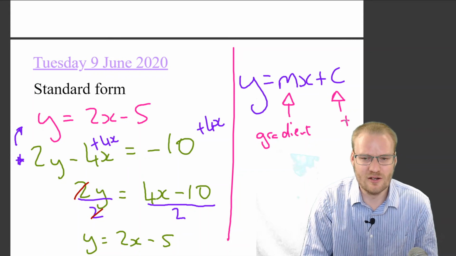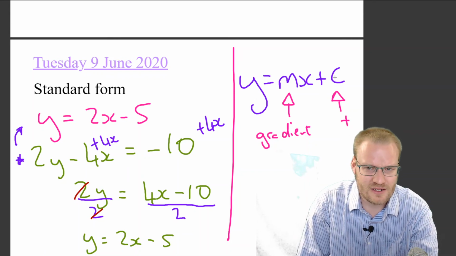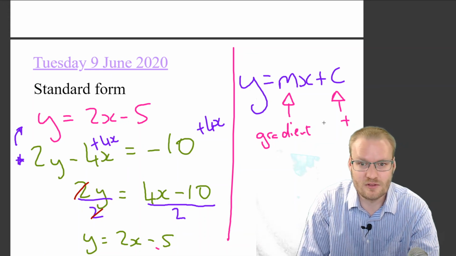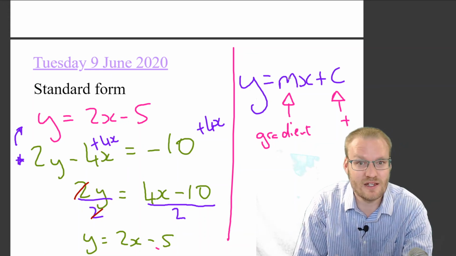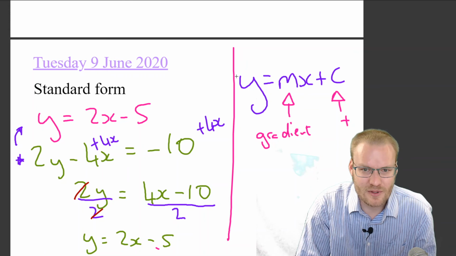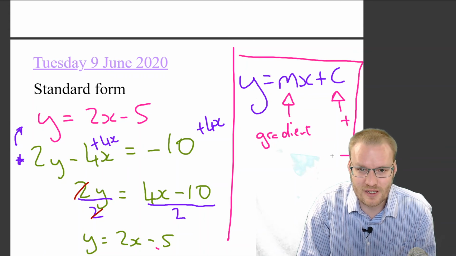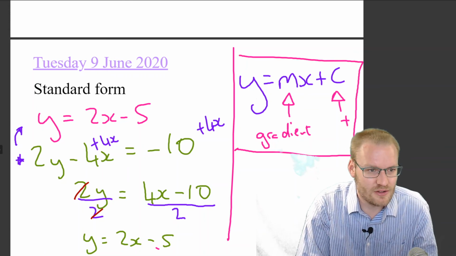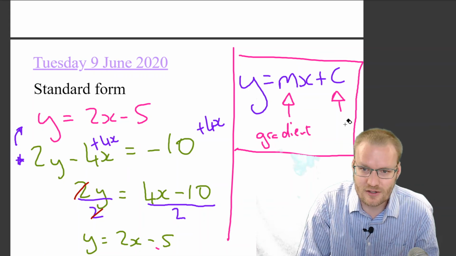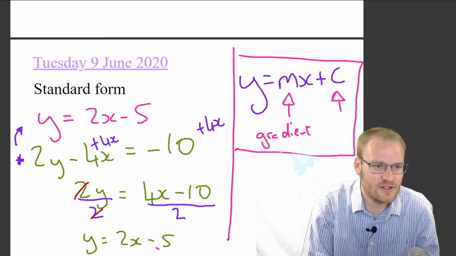Now c could be a negative number, like here c was negative 5. There's nothing to say c must be positive, nothing to say m must be positive, but that's what our standard form looks like.